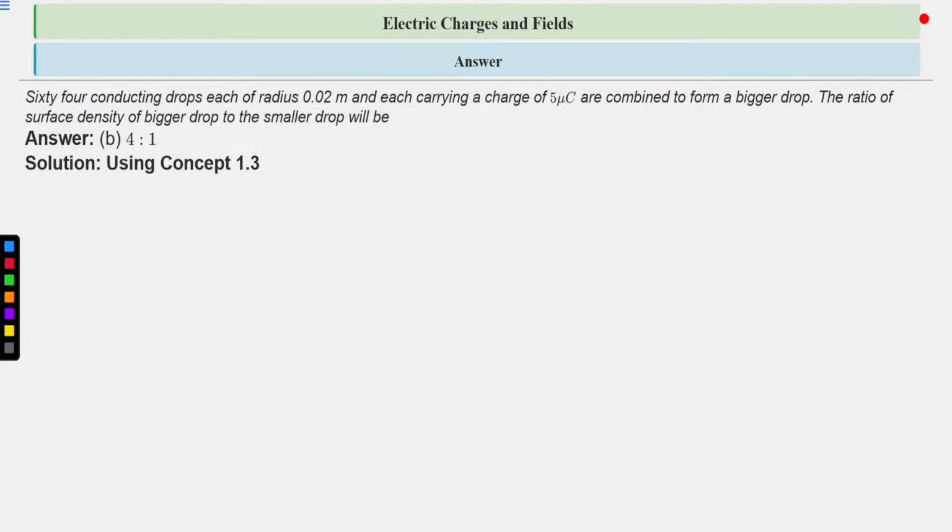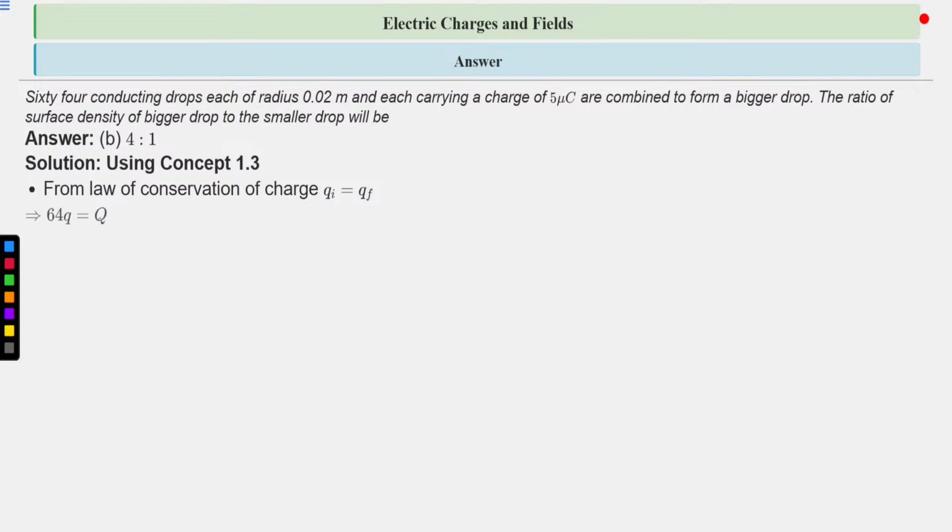Using concept 1.3 from law of conservation of charge. Now, conservation of charge applies here. When the charge on each drop is 5 microcoulomb and they combine to form a bigger drop, the net charge before the combination and the net charge after the combination will remain conserved.